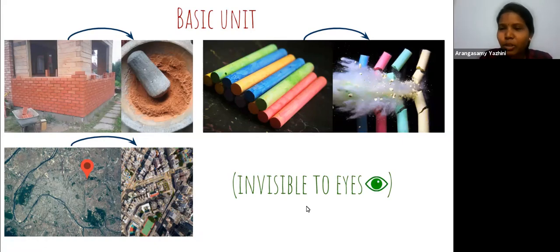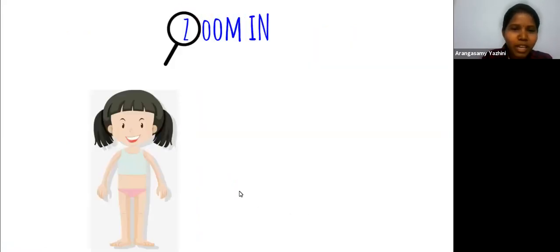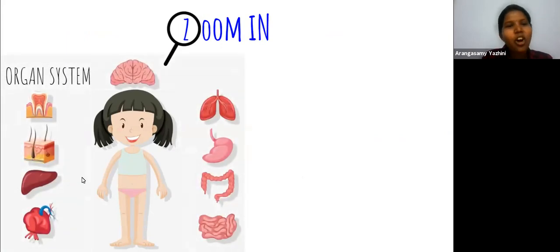Let's come into our human body. I'm taking our friend, let's call her Tina, or name it whatever you like. When you zoom in on Tina through a microscope, what we can see is organ systems. The human body is made up of different organs: brain, lung, stomach, intestine, heart, and so on and so forth. Is that the end?